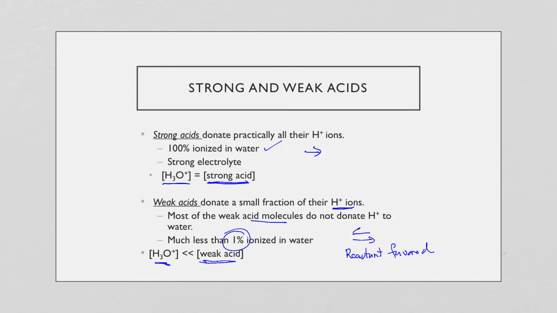It only goes a small extent toward the product side, the formation of the hydrogen or hydronium ions, the conjugate side of the reaction. And we'll see that when we explore the equilibrium constant for these types of reactions.